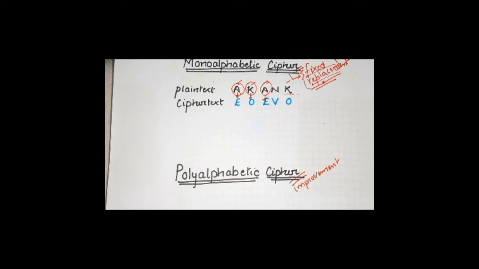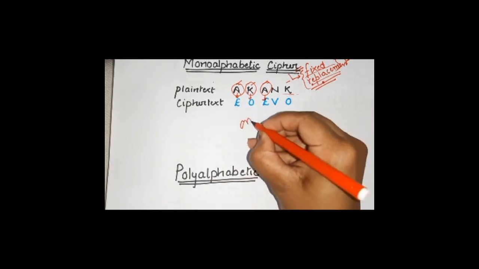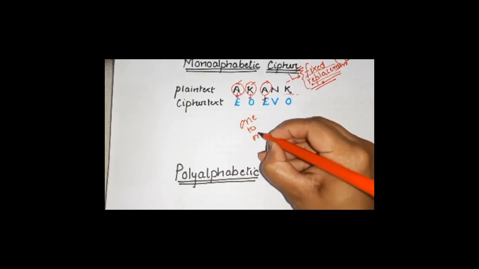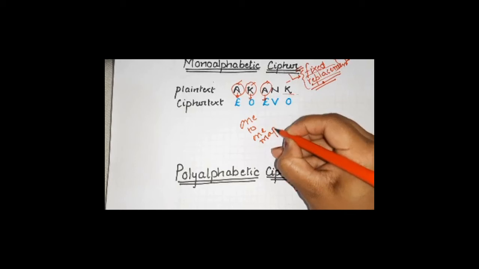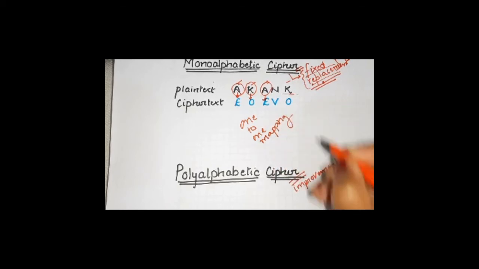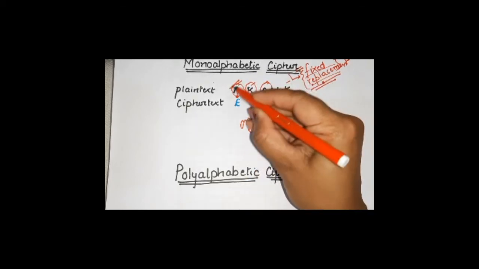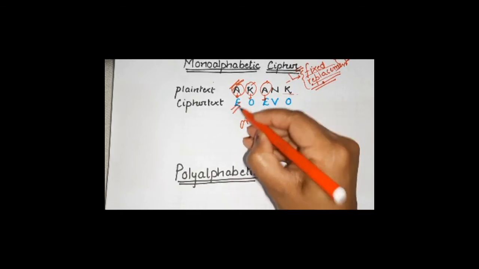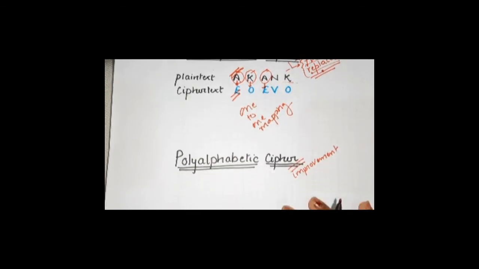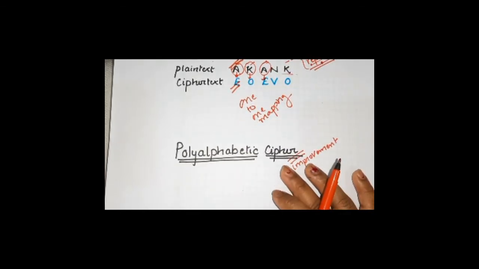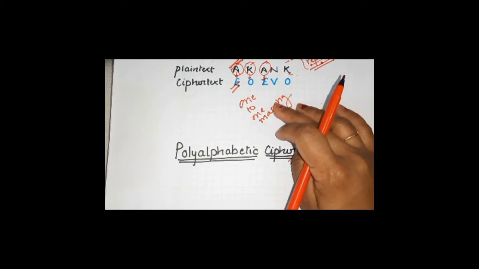If you talk about monoalphabetic cipher, it was one-to-one mapping. What do you mean by one-to-one mapping? That is, every time A comes, it will be mapped by E. Whereas polyalphabetic cipher was completely different from one-to-one mapping.